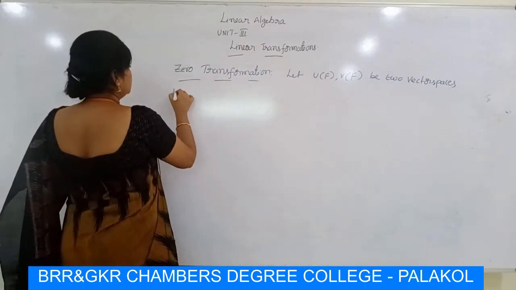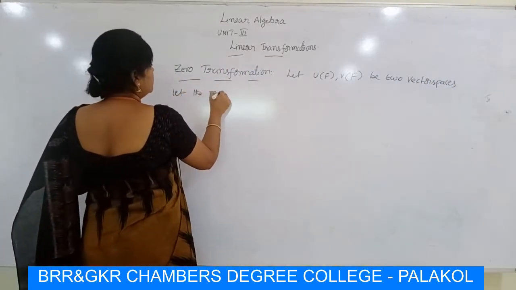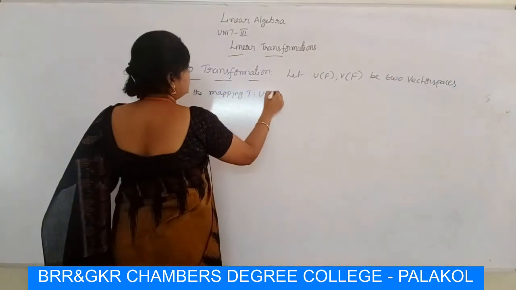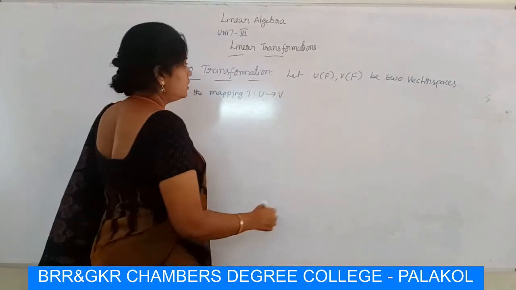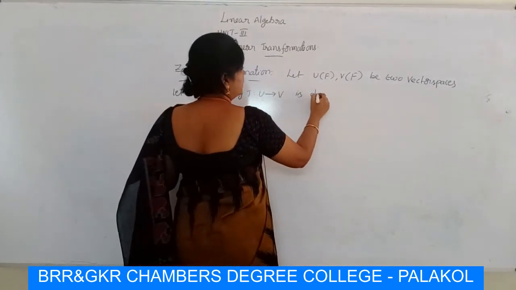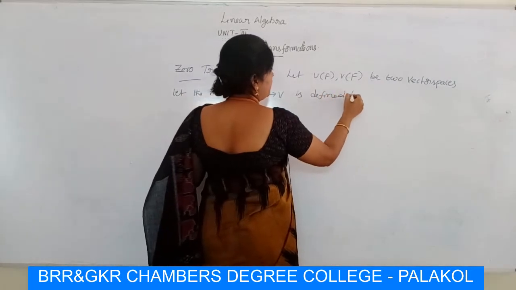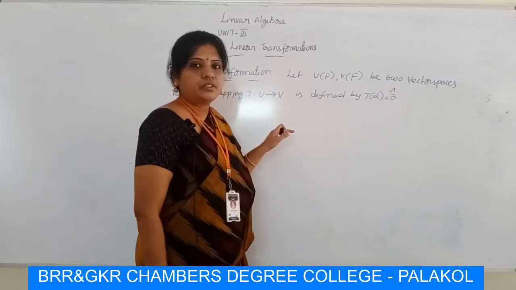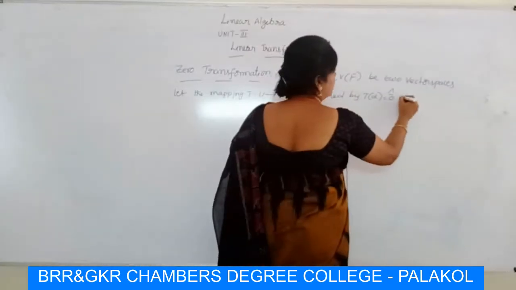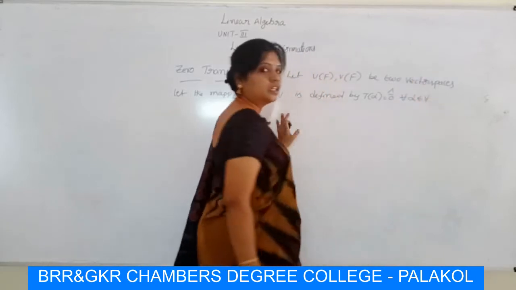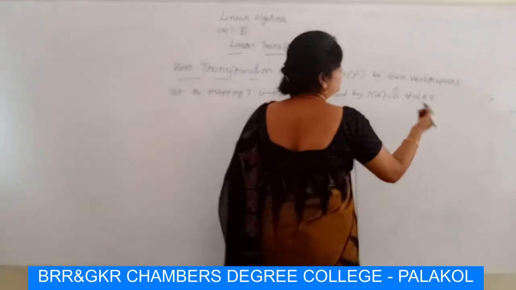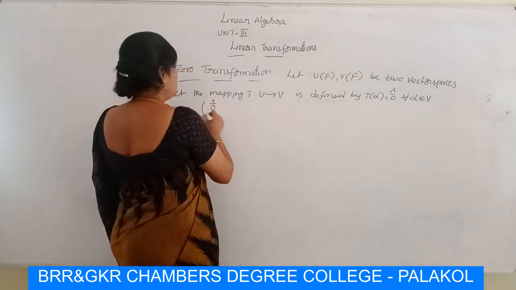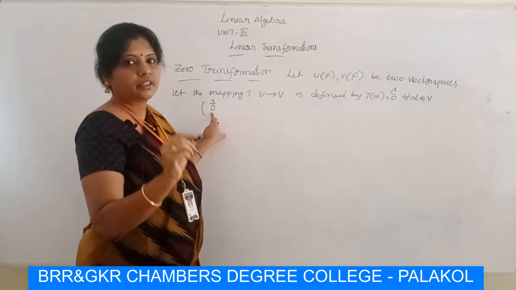Let the mapping T maps U to V be defined by T of alpha is equal to 0 crown for all alpha belongs to U, and 0 crown is the zero vector of the vector space V. 0 crown means the zero vector of the vector space V.